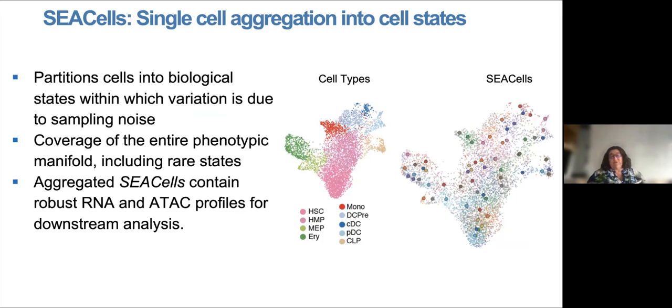And this really allows us to enumerate the biological states in our system in a more comprehensive way, unaffected by cell density. And now that we can aggregate all the cells in a state, we also get much more robust both gene expression and ATAC profiles for this state that we've worked out.